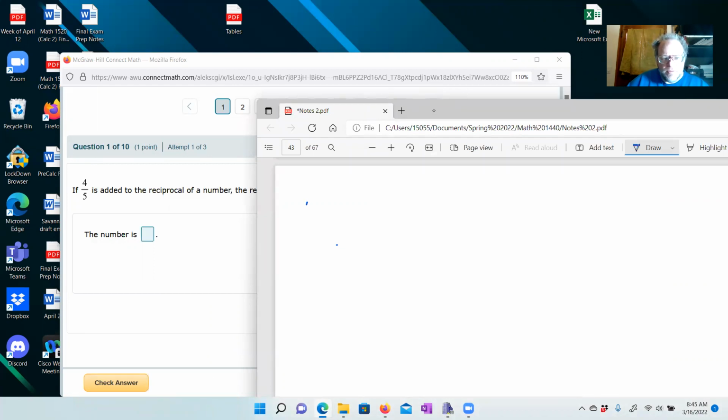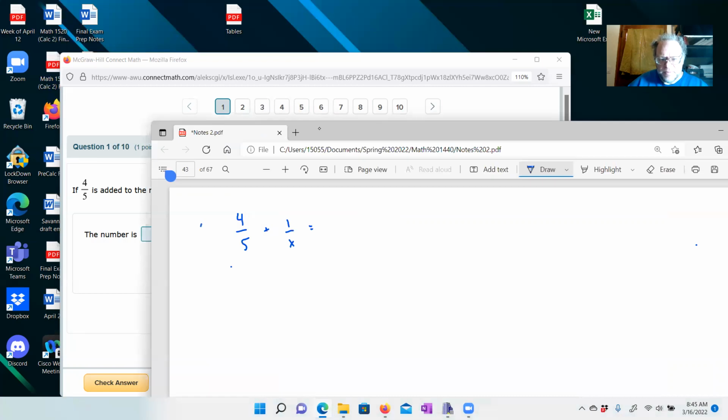If 4/5 is added to the reciprocal of a number, then what we're going to end up with is 14/5. Now, there are a lot of different ways to do this. What we've been doing in class is that the goal for rational equations is to clear the fractions first and then work on what's left.